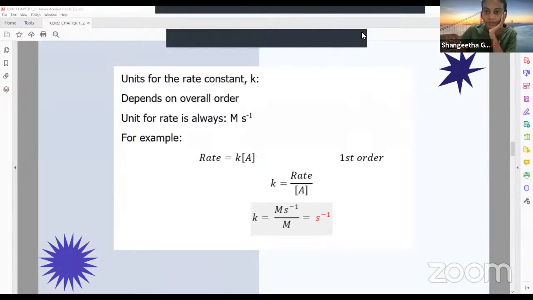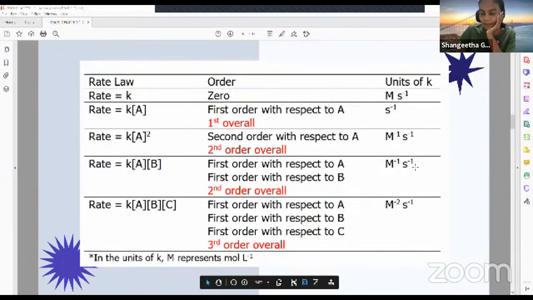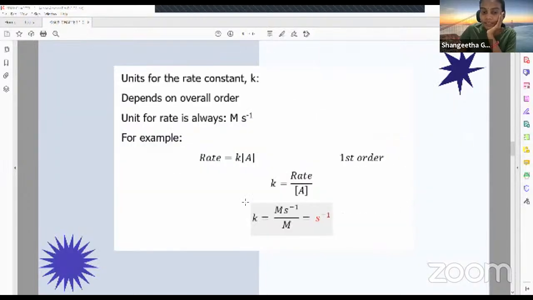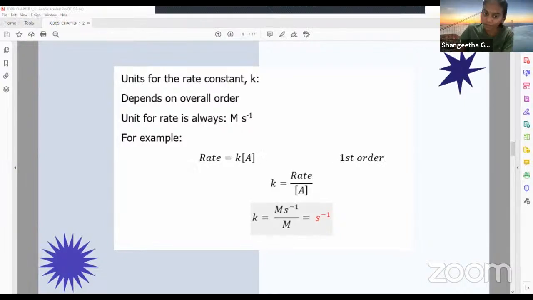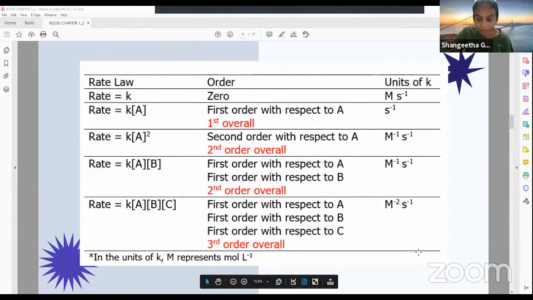Let me just show you. When you solve the equation, you will get M^-1 s^-1 and M^-2 s^-1. So the method is the same as here, but now you square: if second order, then it is power of 2, and if third order, power of 3. Then you just need to solve the corresponding equation in order to get the units for your rate constant. I hope you are able to do it, all right?